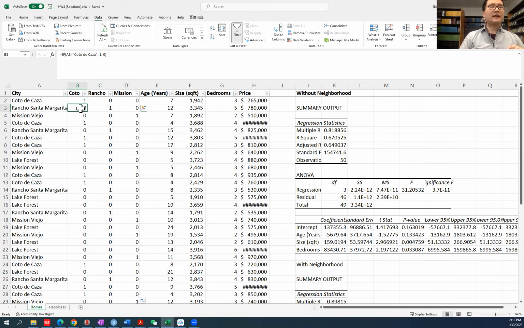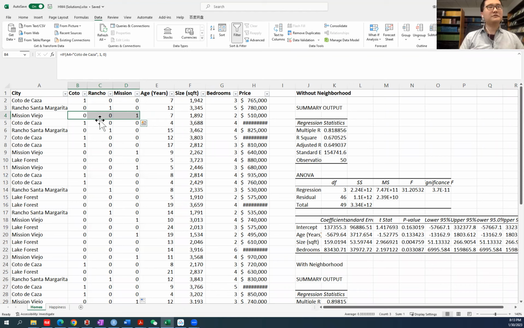For a house located in Rancho Santa Margarita, we notice that only the indicator for Rancho equals 1, whereas both of the other two equal 0. Instead, for a house located in Mission Viejo, only the indicator for Mission equals 1, whereas both of the other indicators equal 0.